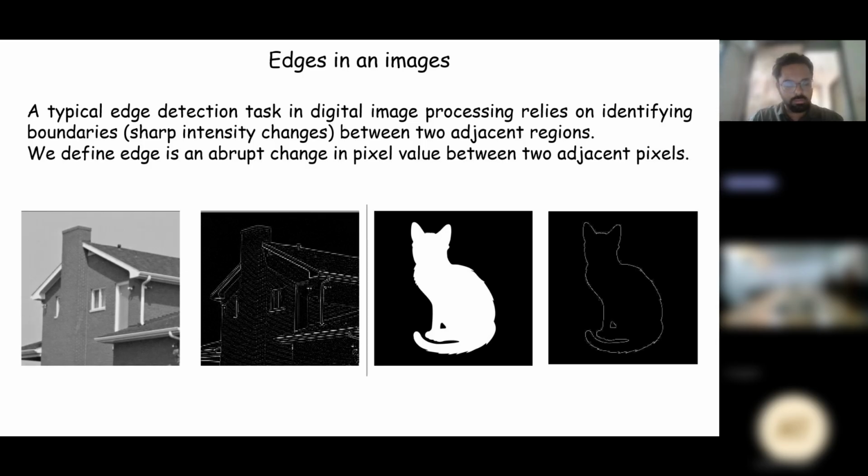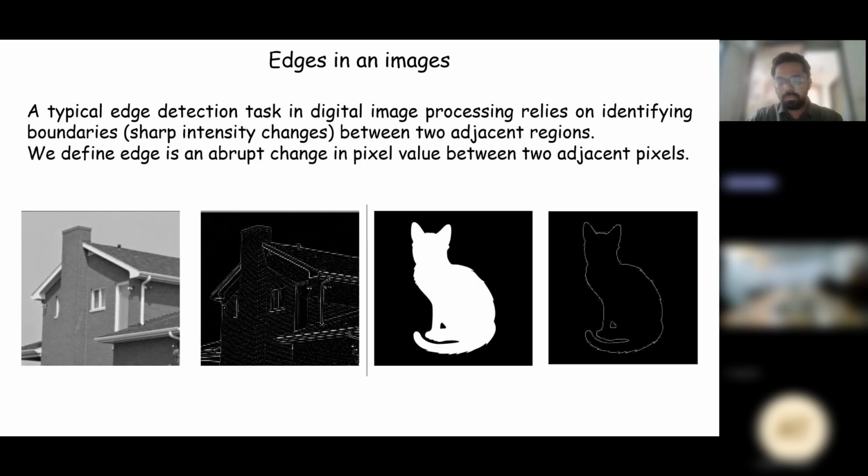That's why we have several edges in this image. You can see that this particular roof is not really an edge because it's almost the same. So this is what we formally call an edge in our algorithm.